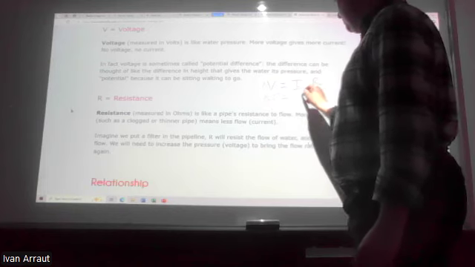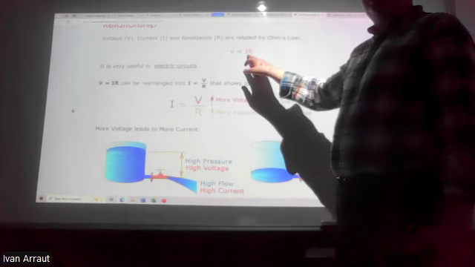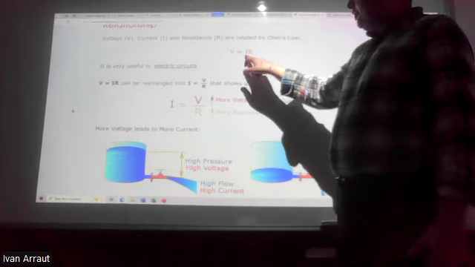Well, there are analogies. With thermodynamics, there is also an analogy. This is the equation I was just writing: difference in voltage equals the current times the resistance. This is Ohm's law. You can solve for the current: more voltage is of course more potential, so more electricity flows.